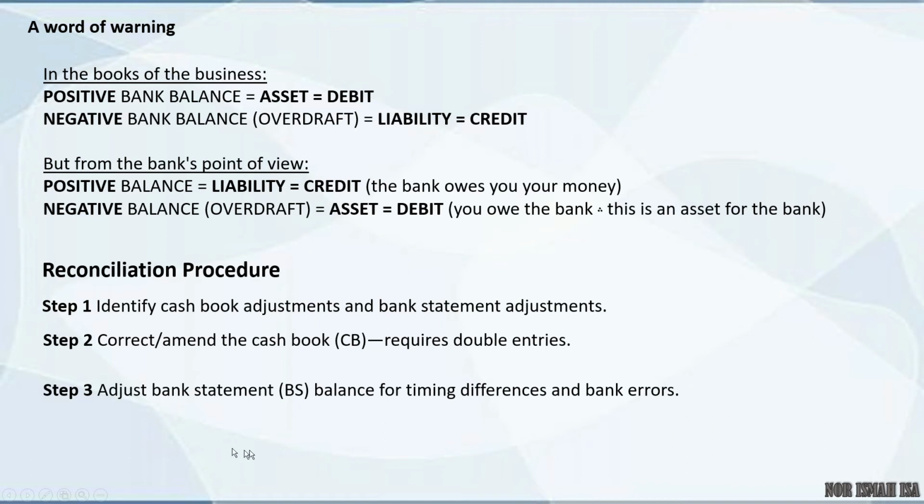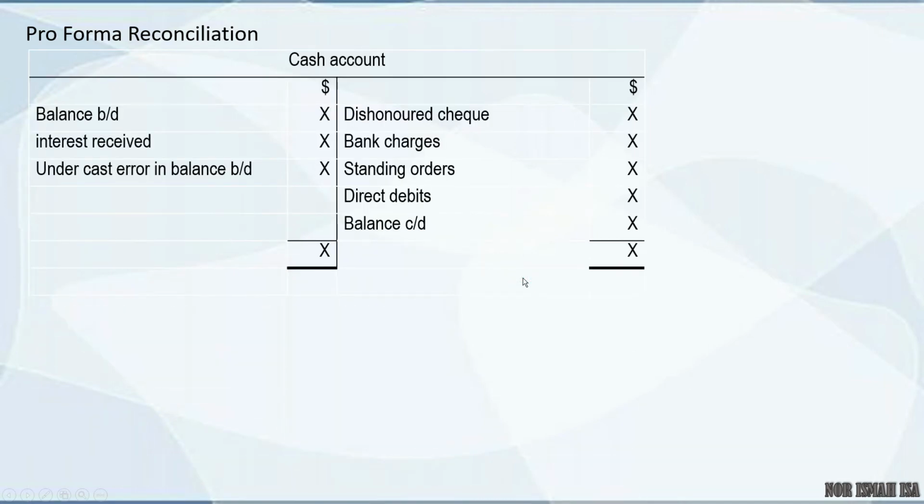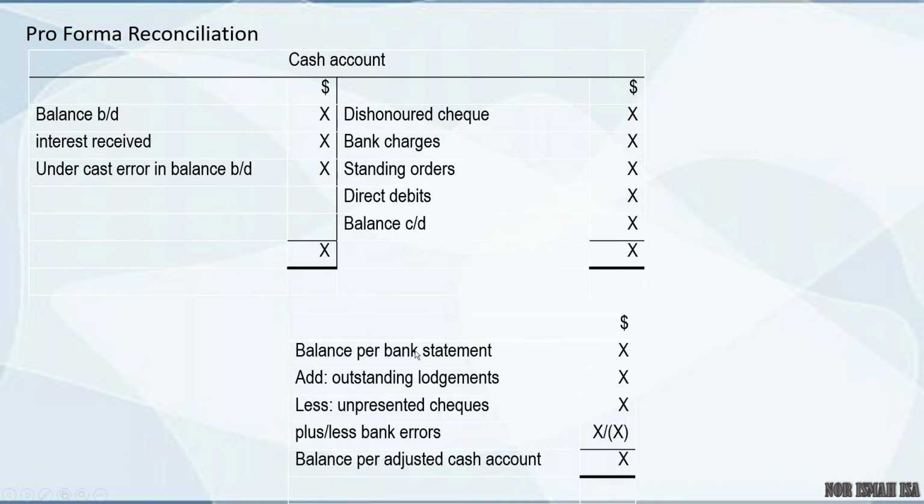And step 3, adjust the bank statement balance for timing differences and bank errors. This is the statement reconciliation for the bank statement, and number 2 is the reconciliation for the cash book. So this is a format for reconciliation. We have 2 formats. One uses the balance as per the cash book, and another one uses the balance as per the bank statement.